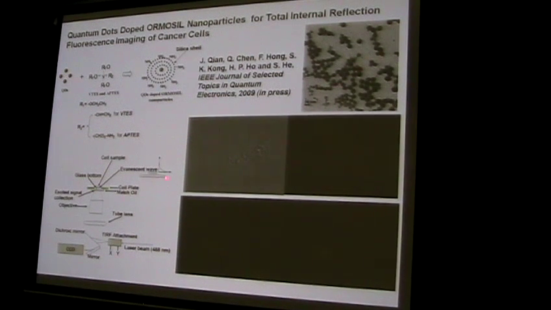We put these cells on the glass, and because of the evanescent wave, it will excite the fluorescence, and then you immediately see in this microscopy setup, this is the cancer cells' fluorescence, and this is for the contrast, and you don't see the fluorescence, just dark here.